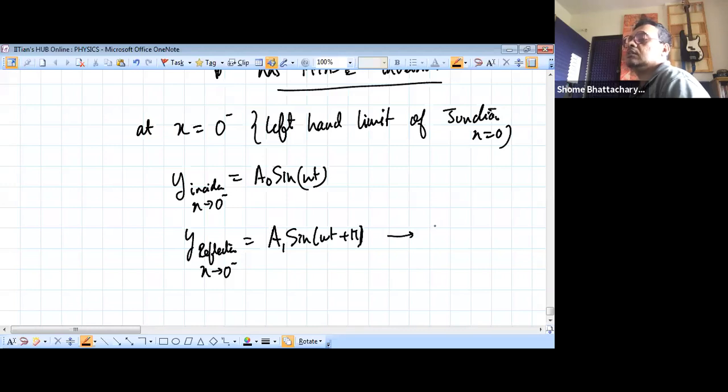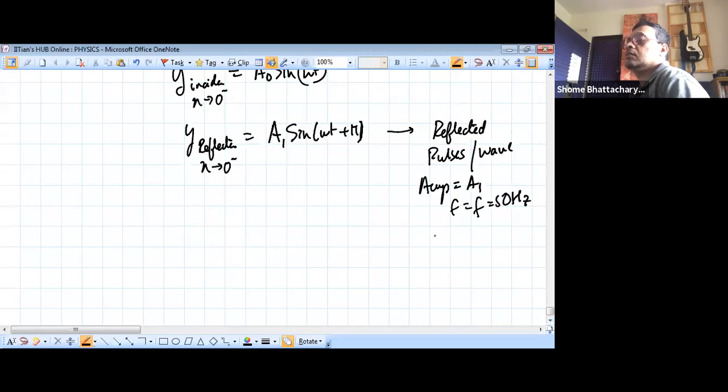So these are reflected pulses or the wave with an amplitude of A1, frequency f only of 50 hertz, but phase inverted.